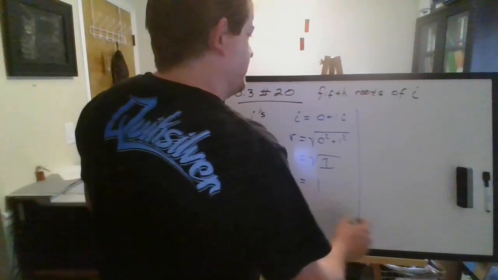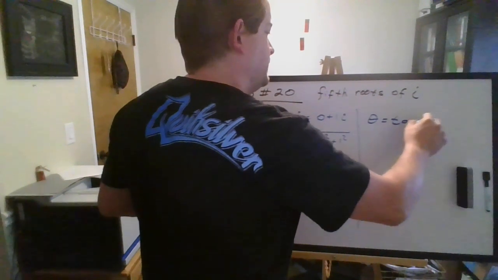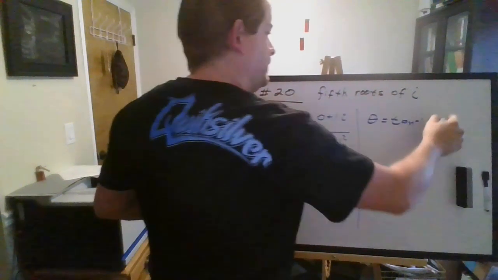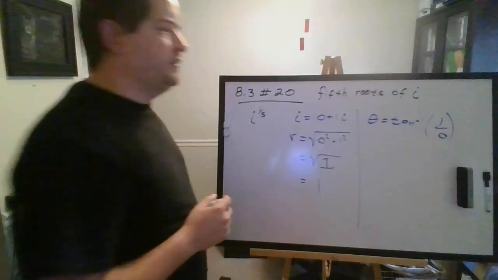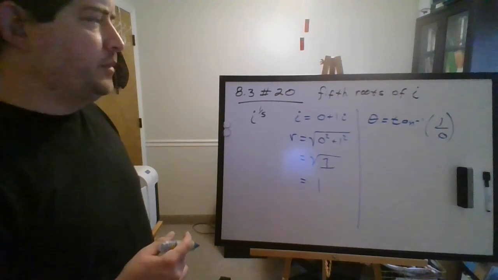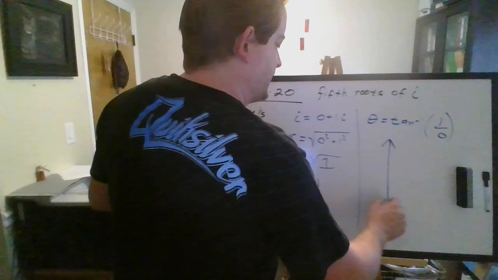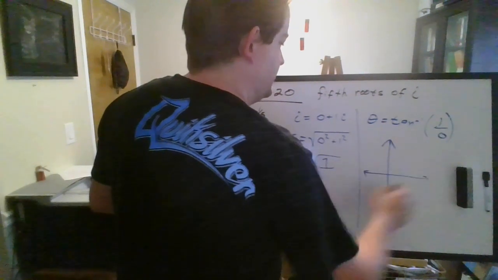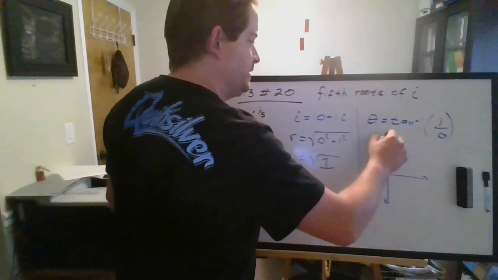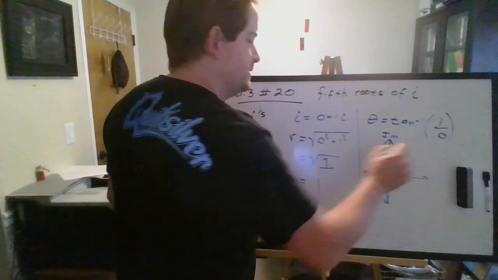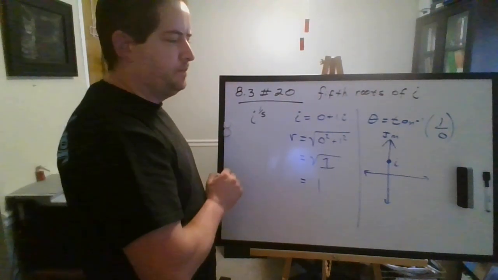And then, of course, if I try to find theta, theta is the tan inverse of 1 over 0. And I have issues here because I have the tan inverse of an undetermined number. If I think about what's happening on this axis, I is just right up here on the imaginary axis. So it should be pretty obvious that my angle is 90 degrees, right?